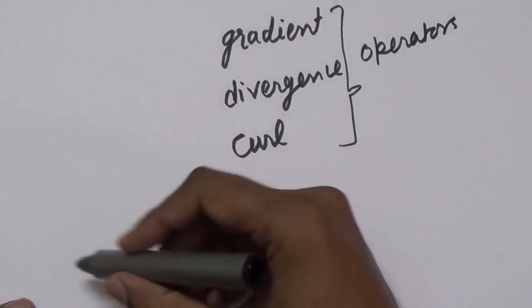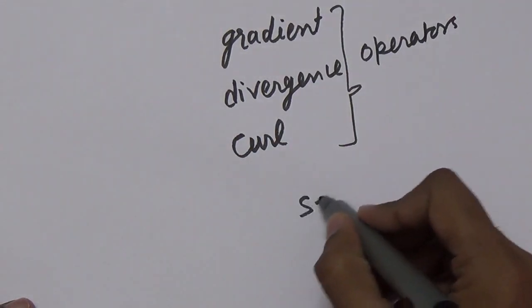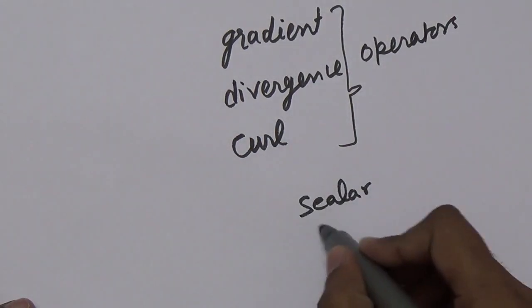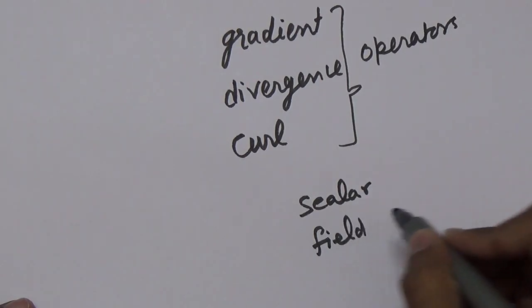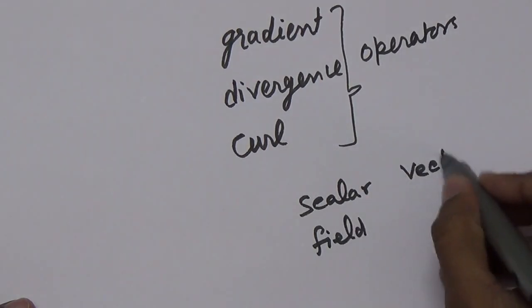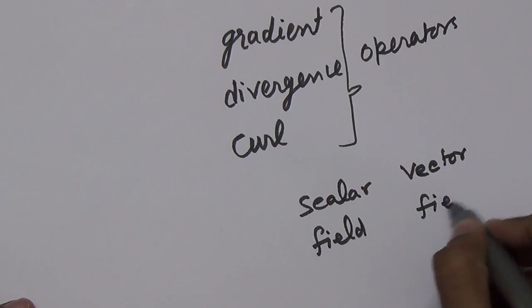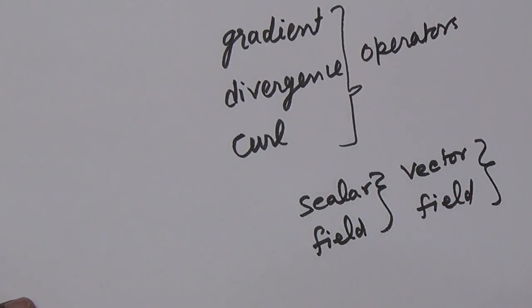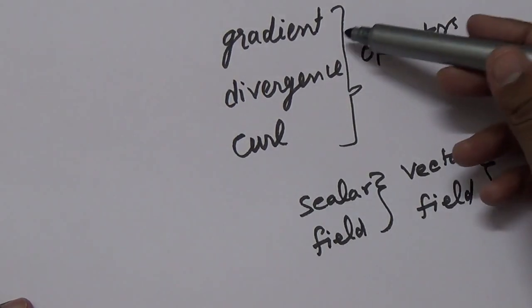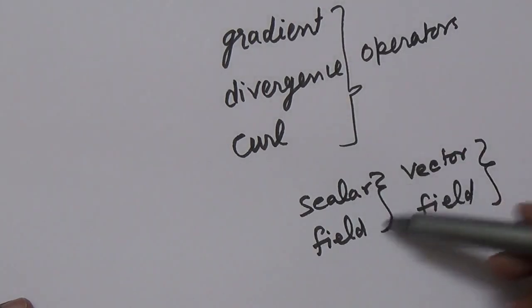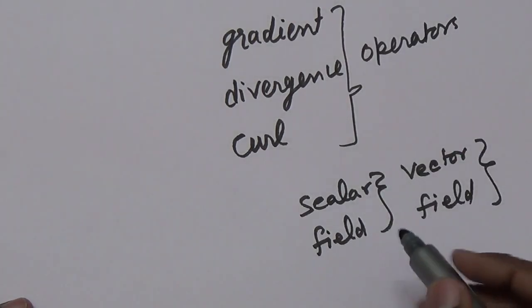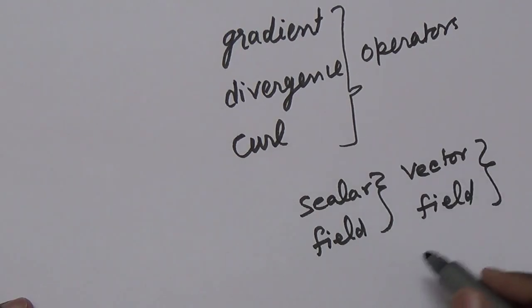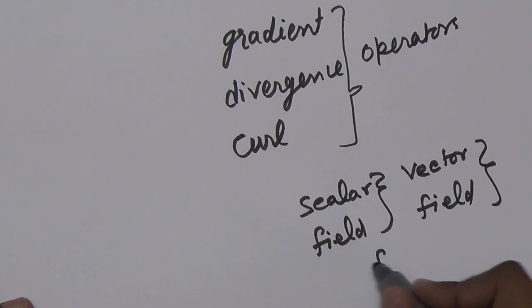and we have two fields, a scalar field and a vector field. These are two fields. What we have to do is operate these operators on these field functions. These fields, scalar field and vector field, we will treat like a function f(x).